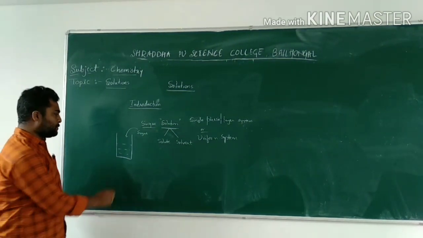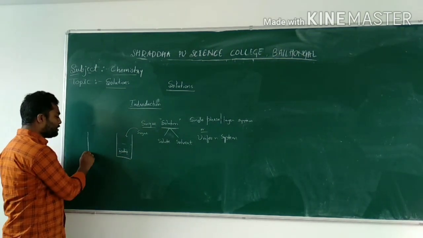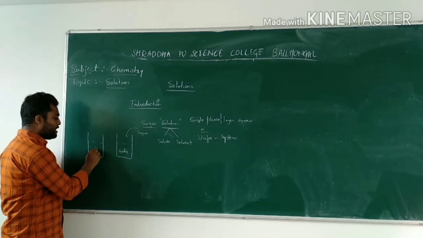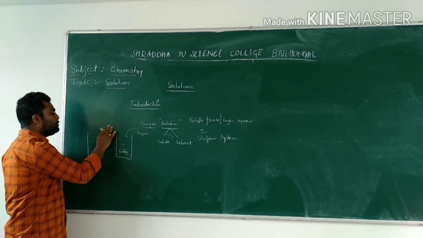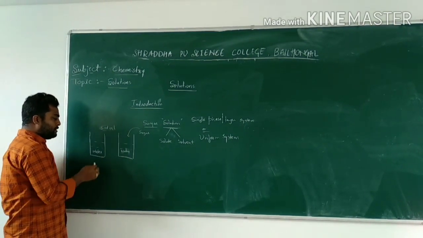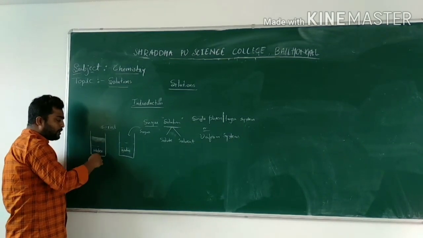Suppose in the same beaker where there is water present, I add 5 ml of oil, then you will see that the oil layer gets separated from the water layer.